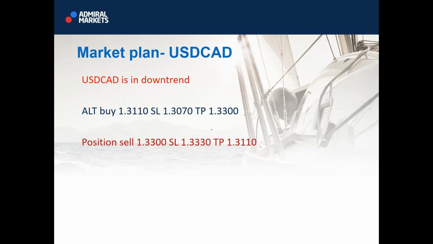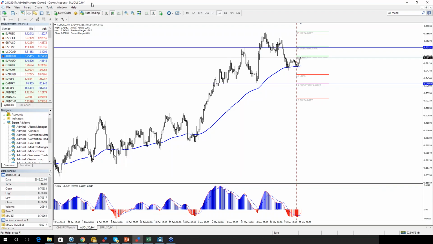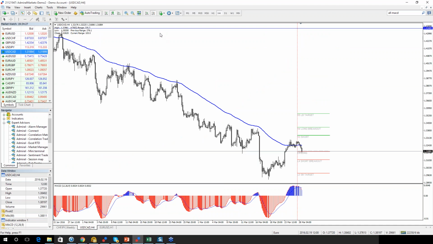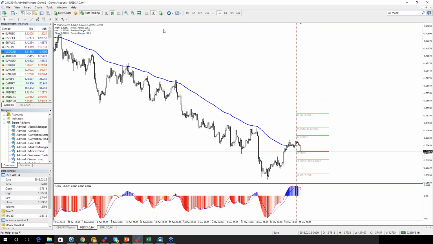Now, dollar CAD, 31.10, 30.70, 33.00. Dollar CAD. It's a downtrend, guys, but you know that every trend has its own retracement, and also there is an end of a trend.